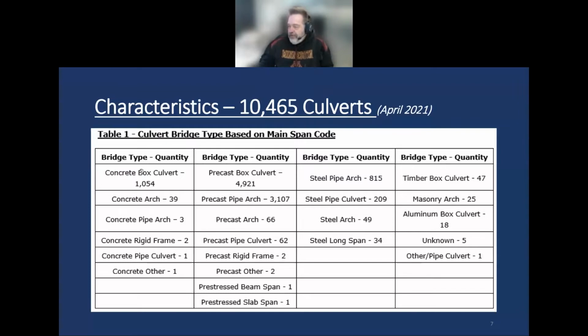And so cast in place is in the first column, precast, steel, and then others are out here in the right column. And so we're talking about 1,054 concrete cast in place box culverts and nearly 5,000 precast box culverts on the system.